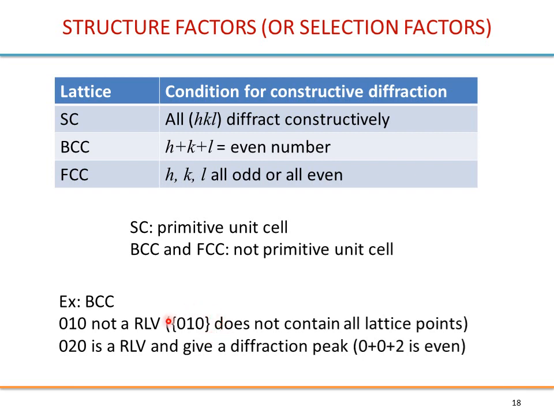And you can look in fact at the family of planes, the 0, 1, 0 family. This family does not contain all lattice points. So if you remember, the cubic from a top view would be a square and an atom in the center, but the 0, 1, 0 is just one side of the cube and the other side of the cube.